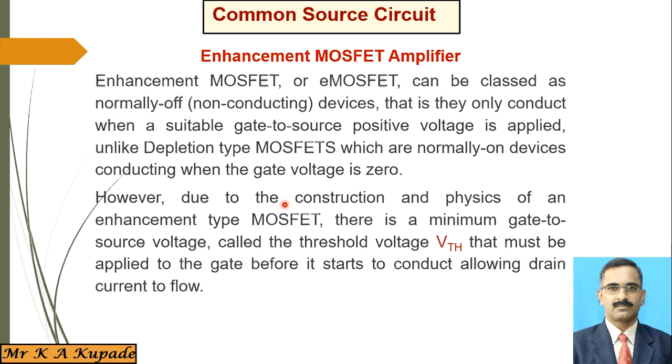But this enhancement MOSFET, see the arrow here, whenever you are not applying the gate to source voltage, it is in the off position. But whenever you apply a positive gate to source voltage, it comes into conduction.